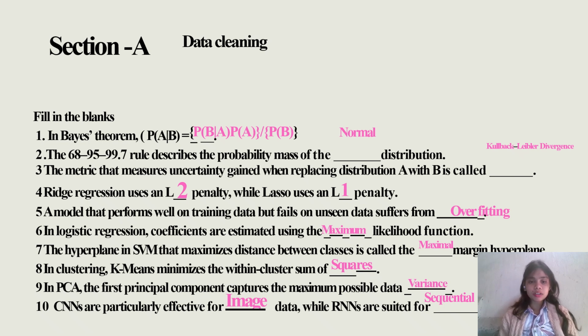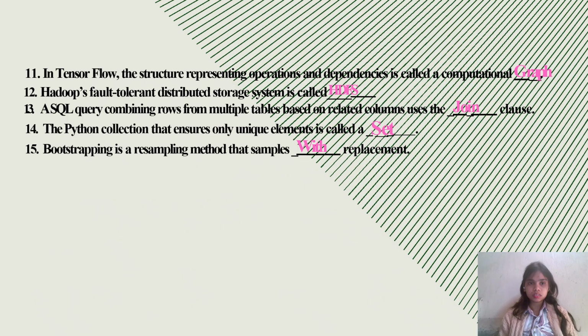10. CNNs are particularly effective for image data, while RNNs are suitable for sequential data. 11. In TensorFlow, the structure representing operations and dependencies is called a computational graph. 12. A fault-tolerant distributed storage system is called HDFS. 13.